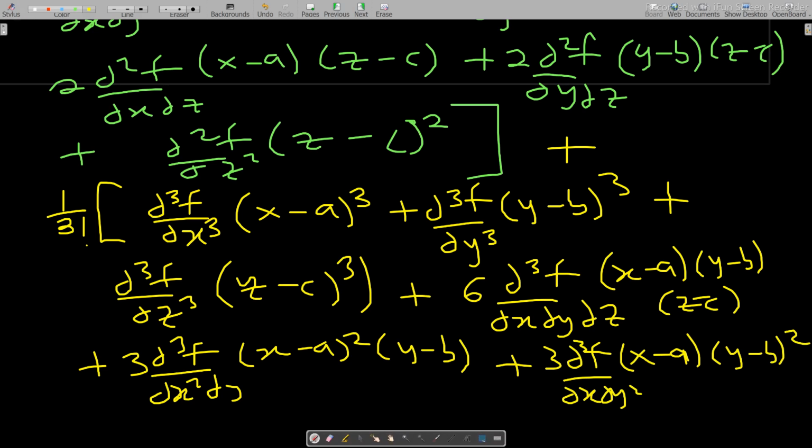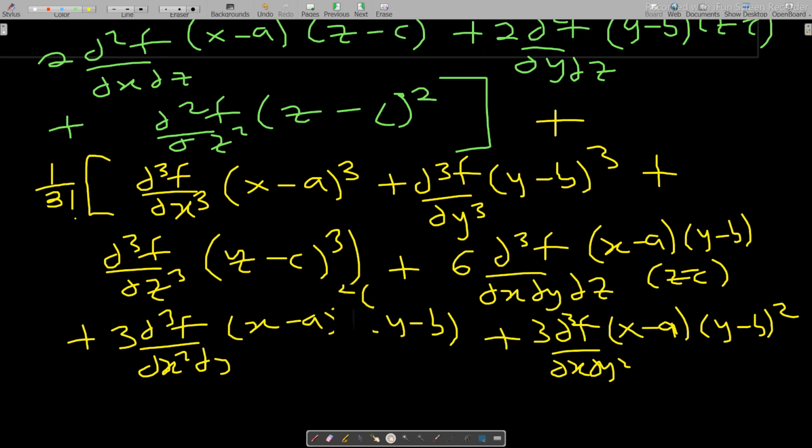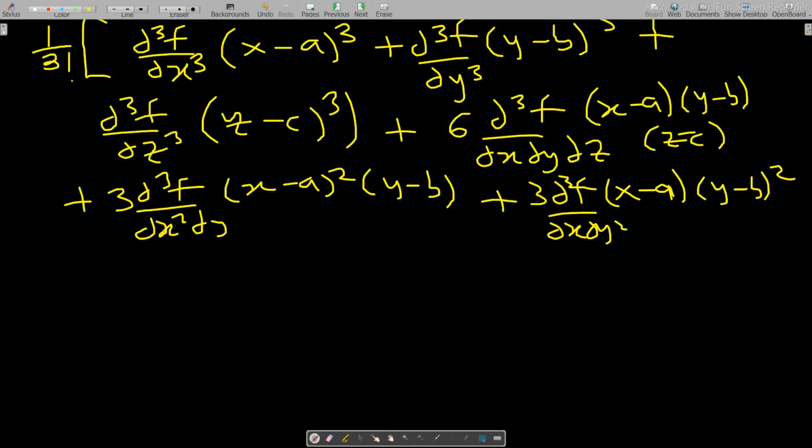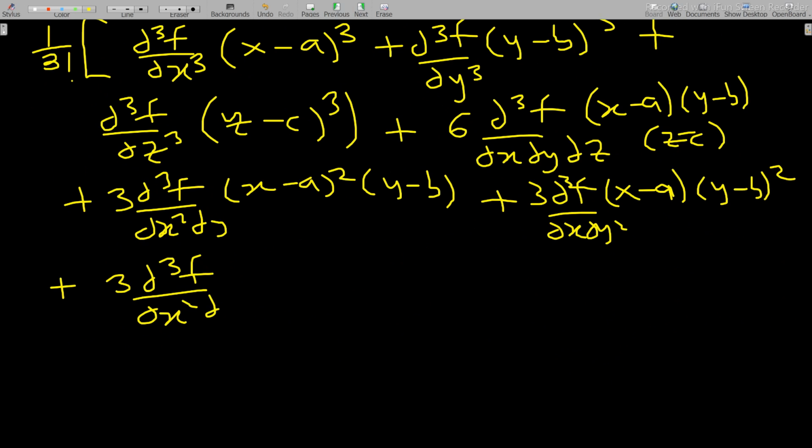So we go ahead and push this up here. This is very tedious; if you don't have time you can't do this. And plus another 3 ∂³f/∂x²∂z (x minus a) squared (z minus c).